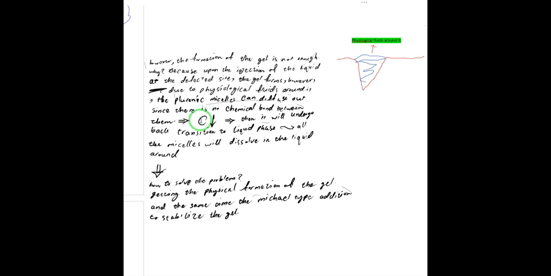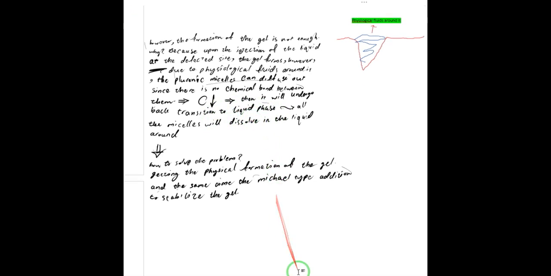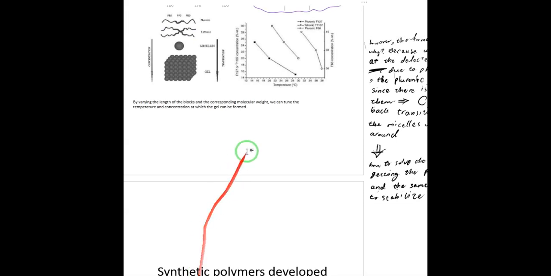And when it decreases, we will have a transition to liquid phase, so there will be no gels. And this is a problem for us, and we want to solve this problem.